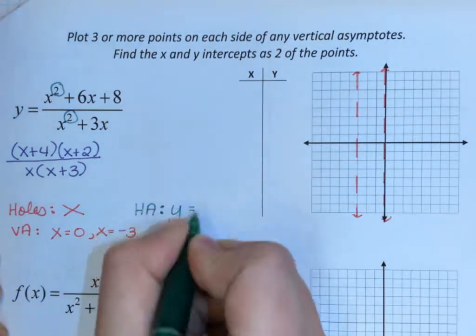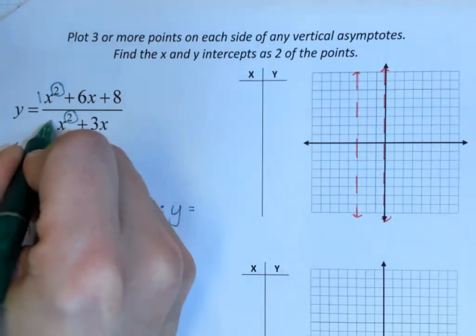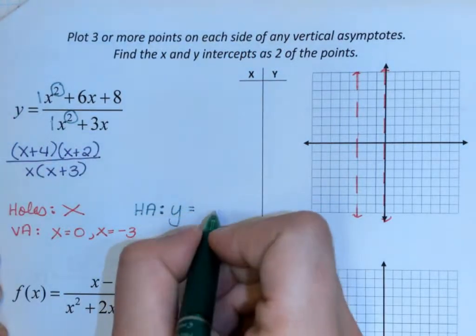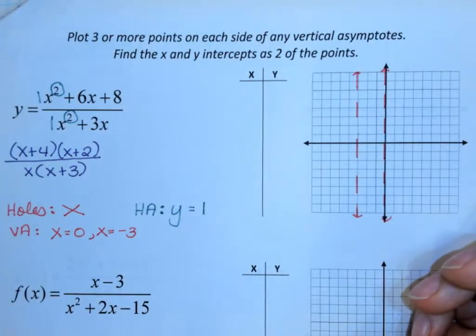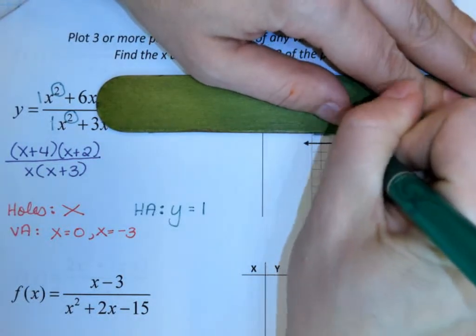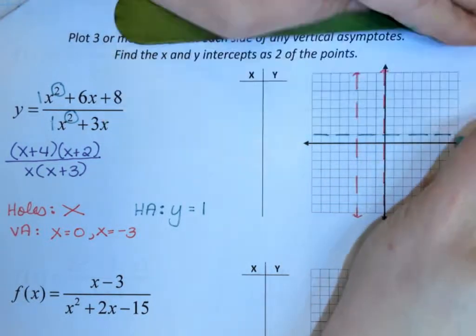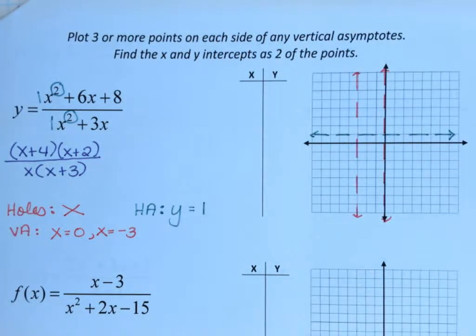So y is going to be equal to, what's the coefficient here? 1 over 1. And what is 1 over 1? 1. So I'm going to have a horizontal asymptote at y equals 1. You are only ever going to have a maximum of 1 horizontal asymptote. You can have a whole bunch of verticals. You can only have 1 horizontal.